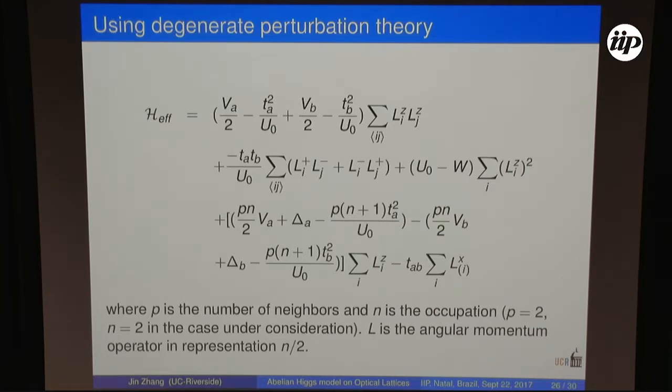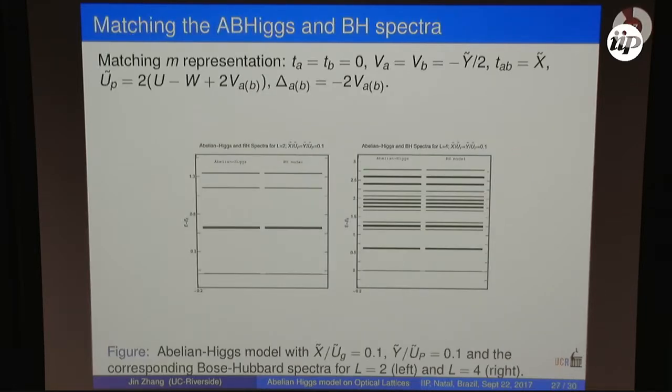Then, using second order perturbation theory, we can find the spin model. Now we have everything here: the Lz and the hopping and the Lz squared. So actually, we can tune these parameters to some specific values, and we will get those models we have shown before.